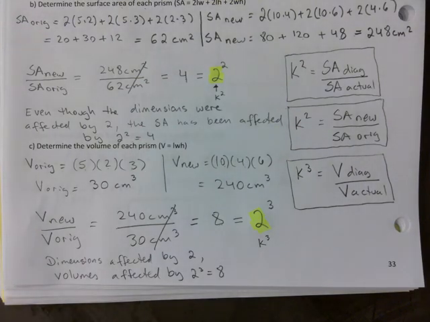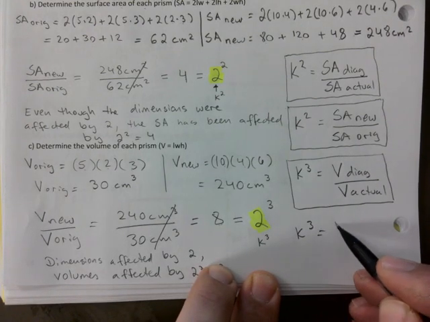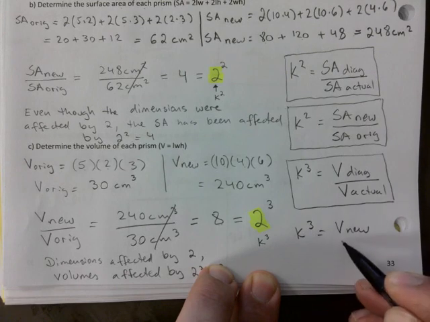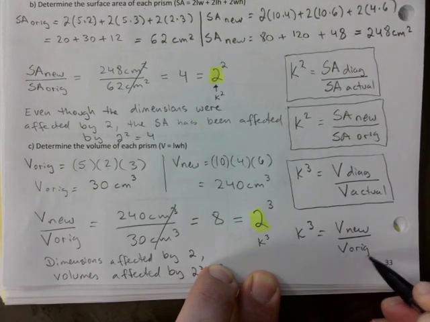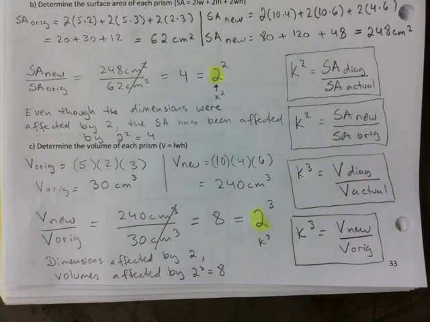Liters, gallons, right? Centimeters cubed for sure, meters cubed, yards cubed. When students see the 3, they're like, yeah, this is volume. But milliliters and liters is also considered volume. Another version of it is volume of new over volume of original. Use them as you see fit. Okay.